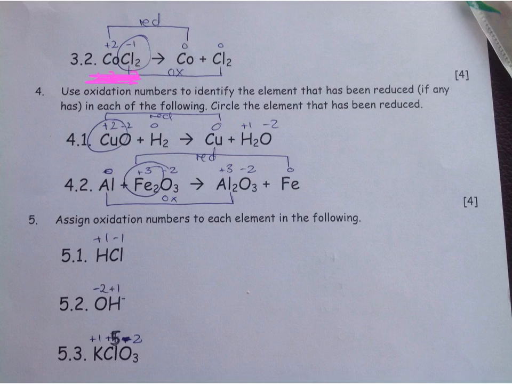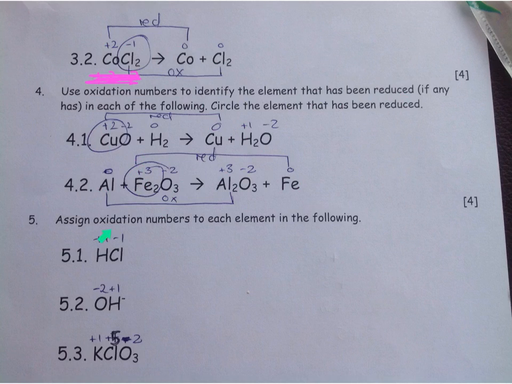And then you're going to land up with working out using minus 2 times 3 and then plus 6 divided by 2, plus 3. And you land up with your oxidation states of all of those. And then you can see quite clearly that the copper got reduced from plus 2 to 0, and the iron got reduced from plus 3 to 0.